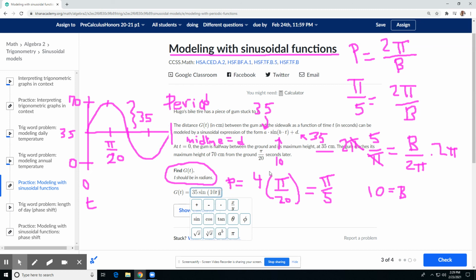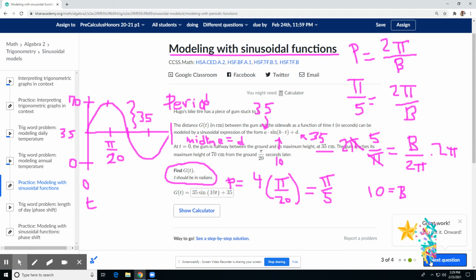And our last piece is plus 35. Got it. All right, so we just have to break these down one at a time and piece them out with the information they give us.